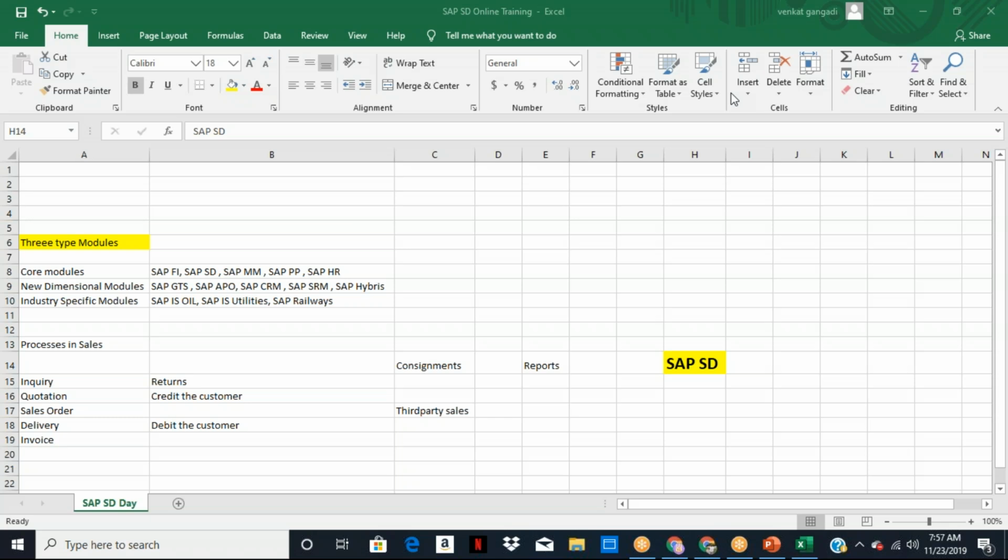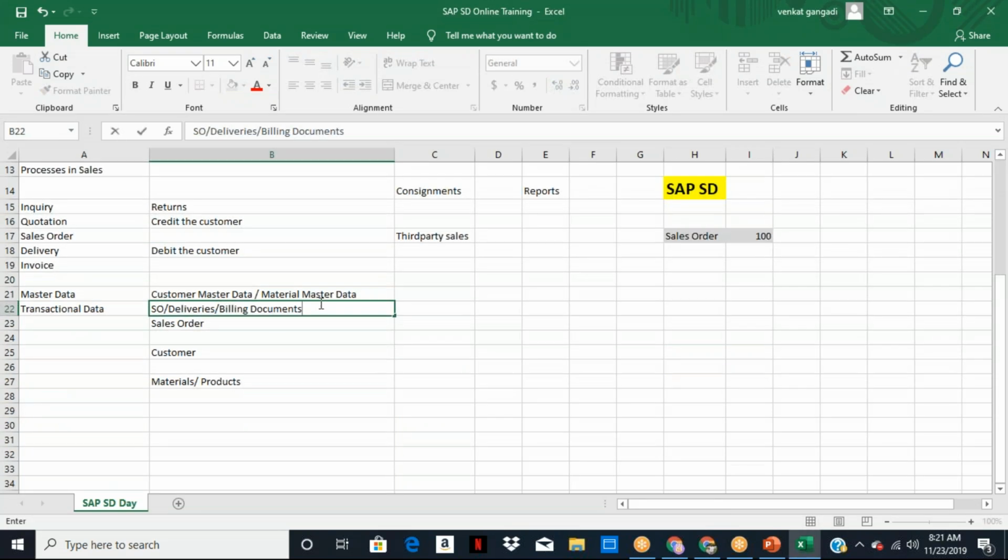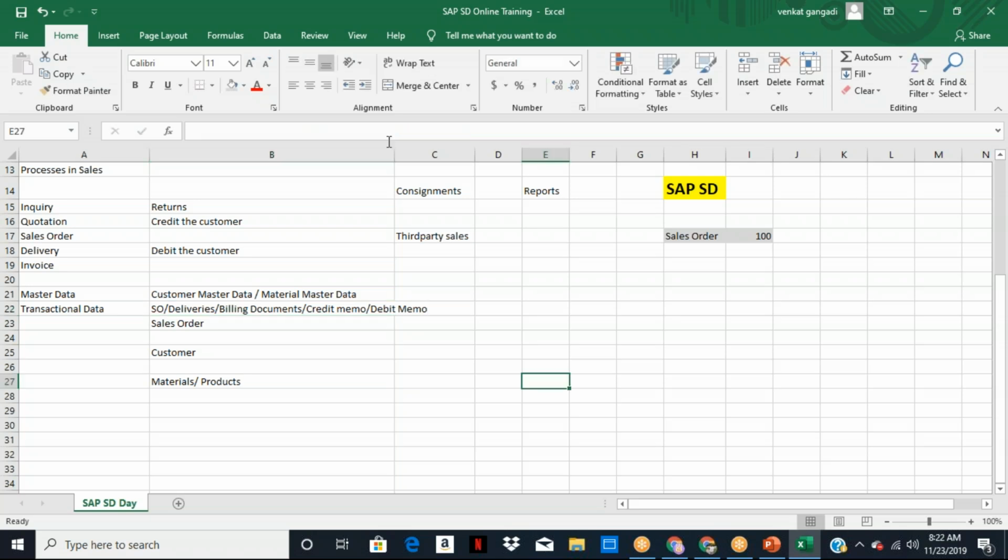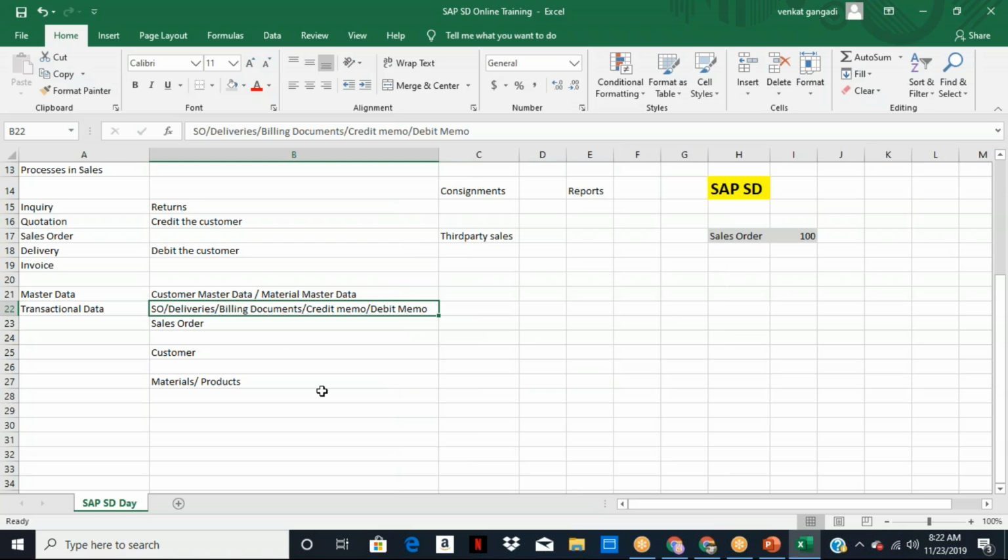We create some deliveries, some billing documents, or even credit memo, debit memo. All these documents are called transactional data.